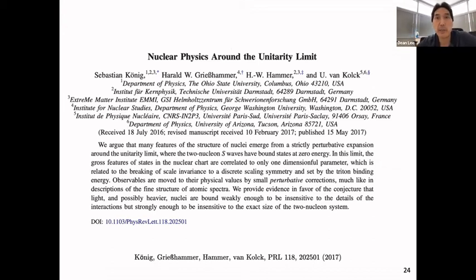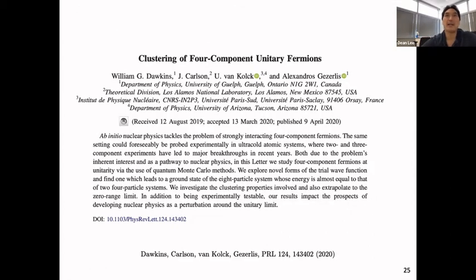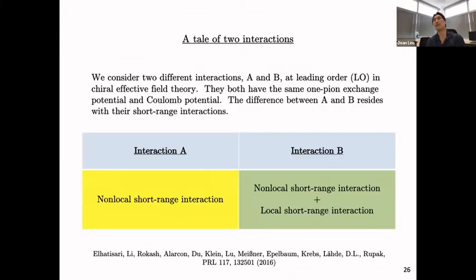Then there was also this paper more recently by one of the workshop organizers, Alex's group, together with this student, Will Dawkins, and Joe Carlson and Bira van Kolck, where they took a look at the 2-alpha system, or beryllium-8, to see what happens in the zero range limit there. So I'll address some of these questions about whether nuclear physics is close to the unitarity limit for 4-component Fermi gases.